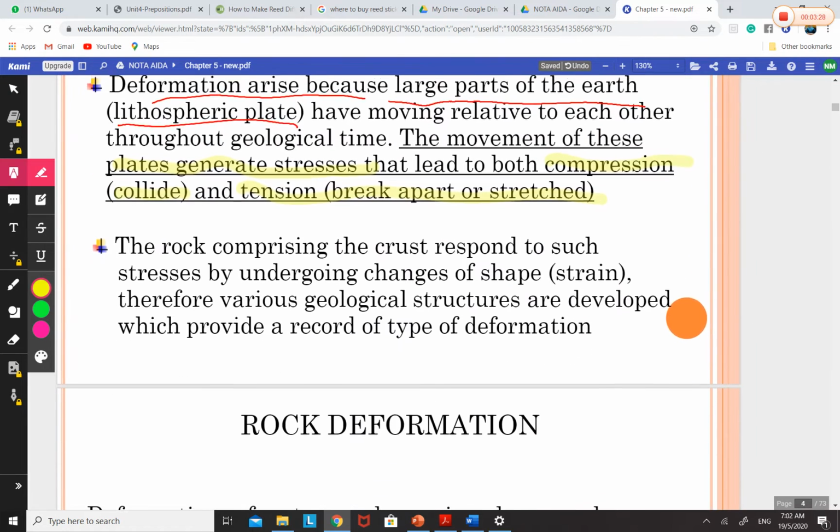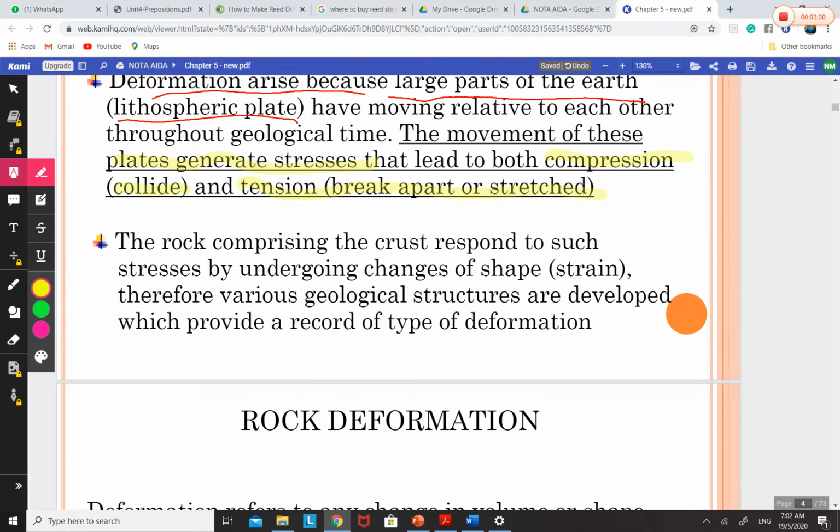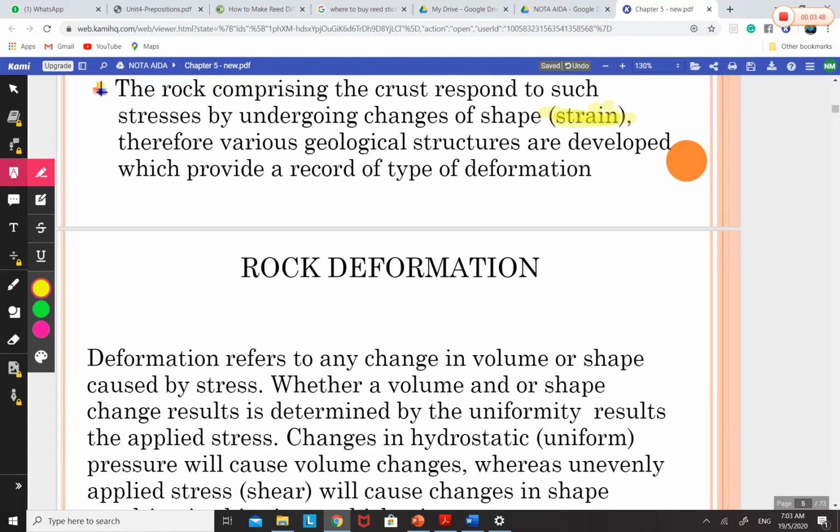So all the deformations, the changes of shape, the changes of size, sometimes we call it strain. What makes the strain is stress. Apa yang menyebabkan perubahan is the stress.